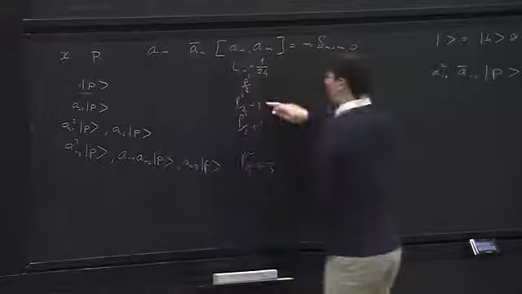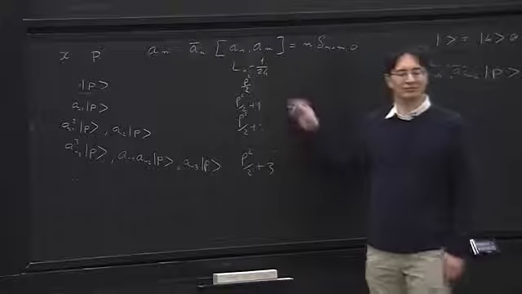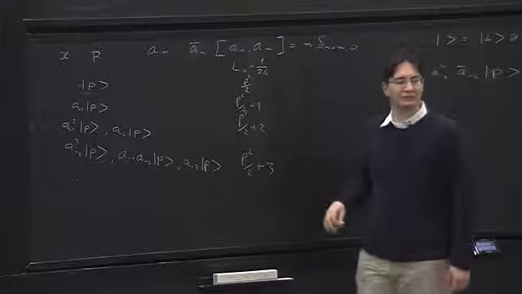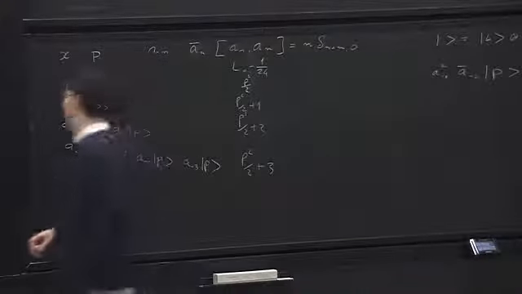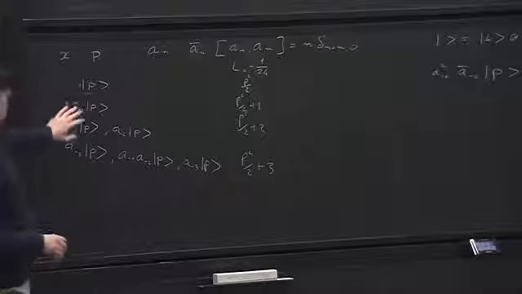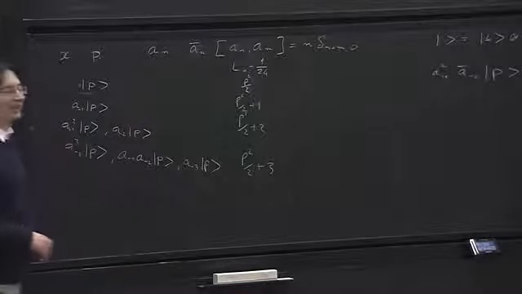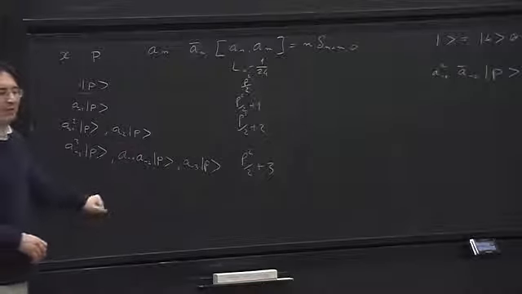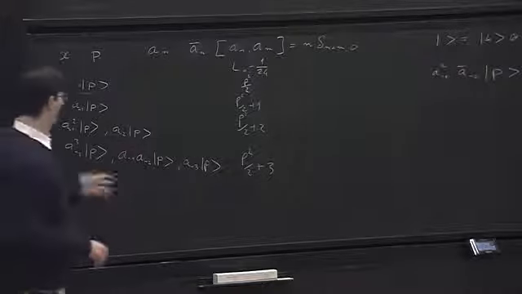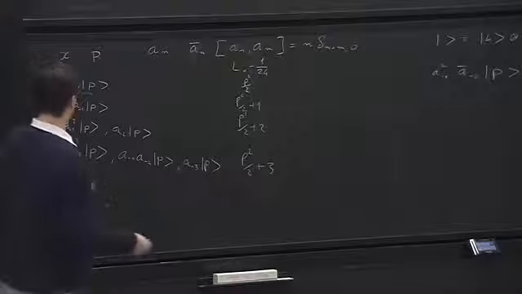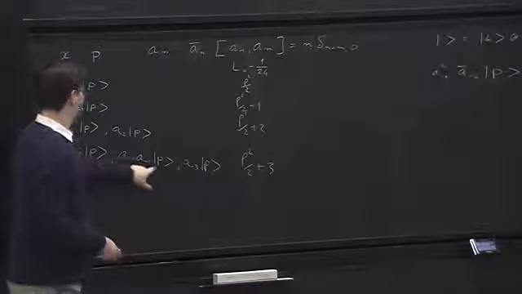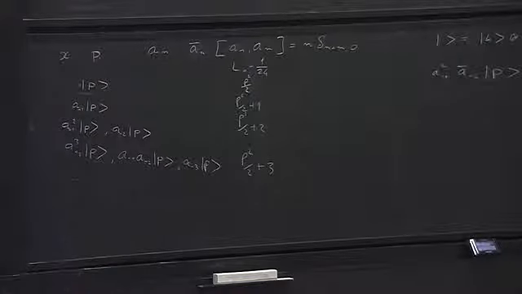Usually this integer is called the level of the state. At level 0 you have one state, level 1 one state, level 2 two states, level 3 three states. In general you get the number of partitions: how many ways you can decompose the total level into 1s, 2s, 3s. So the number of states goes pretty fast.